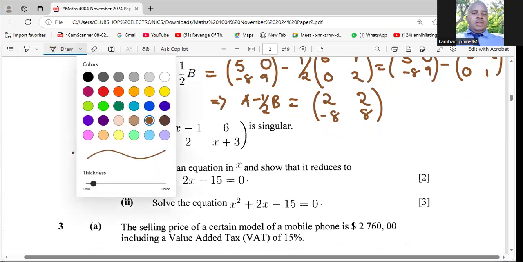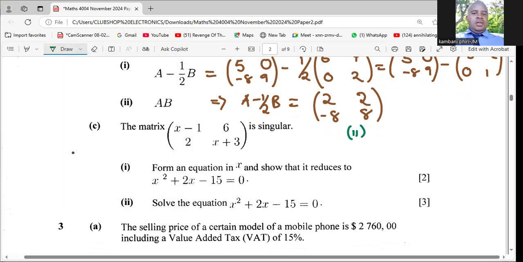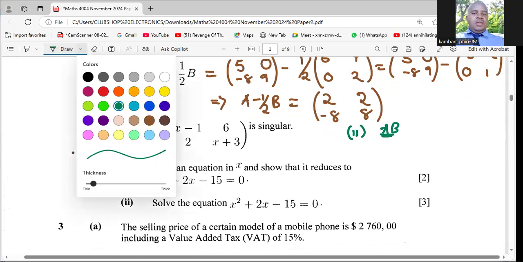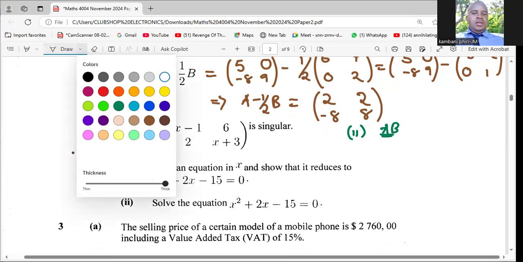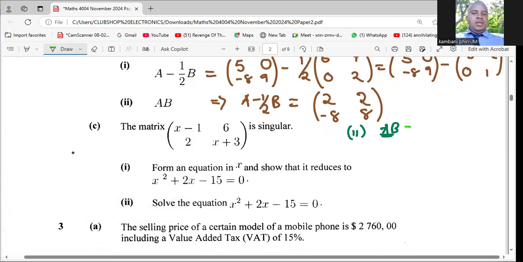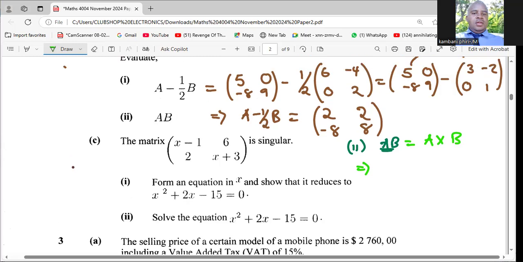Then the next one is 2. We need to find AB. AB means A multiplied by B. So what do we get? Our A, what is our A? I think we have it here.